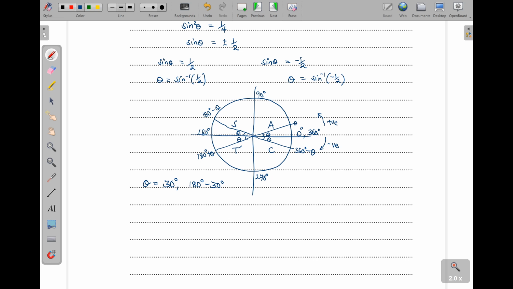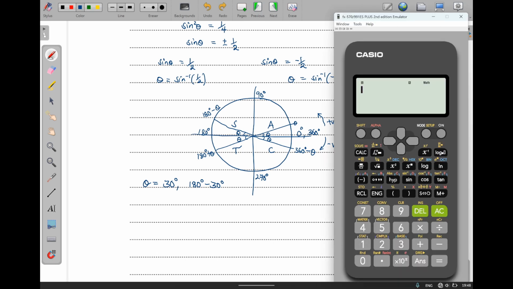Then the other one, where sine is negative. When you put this one in the calculator will give you a negative answer. Arc sine, our calculator has to be in degrees. Okay. So shift, then mod, mine was in radians. So I put it in degrees. So shift, then the arc sine of negative 0.5. The calculator gives me negative 30.